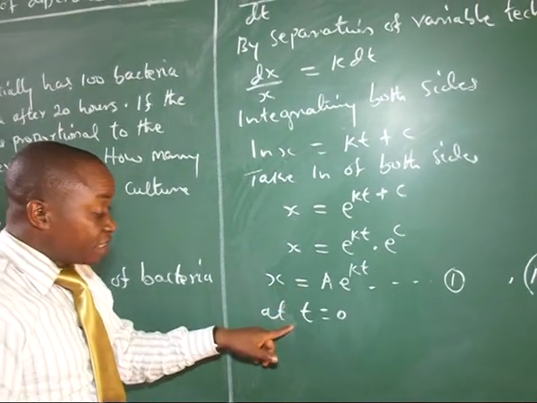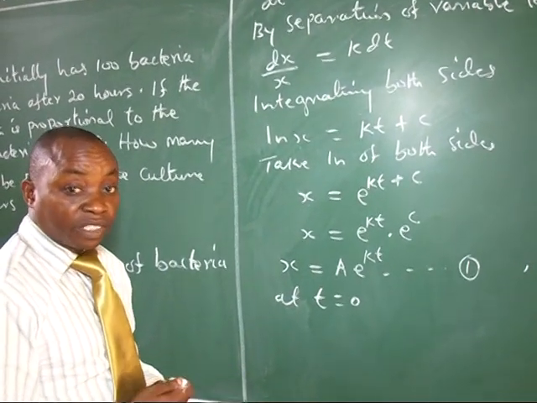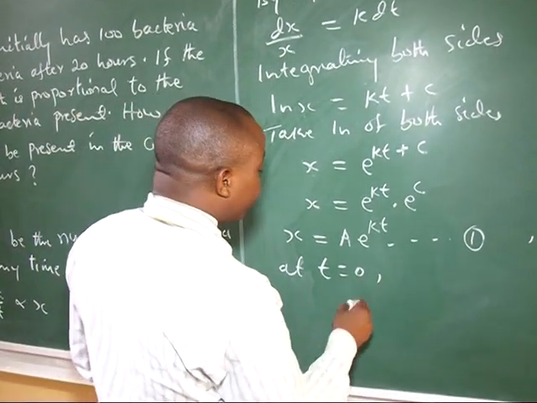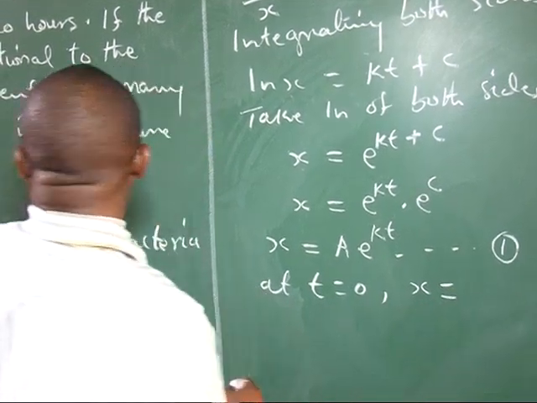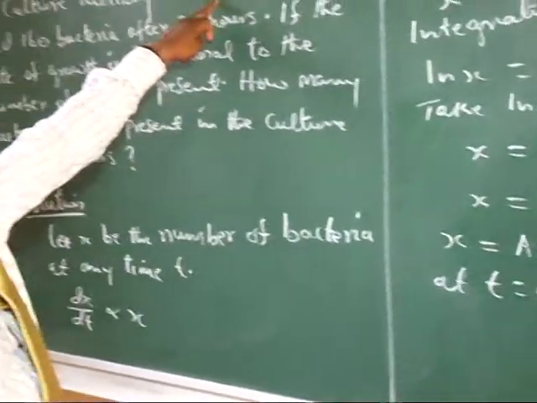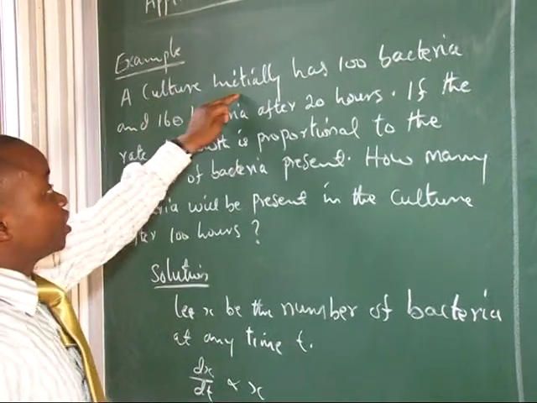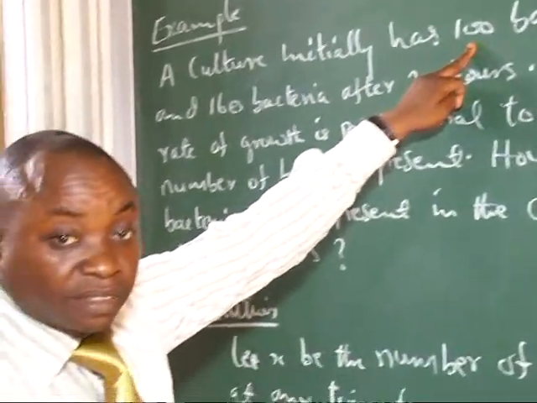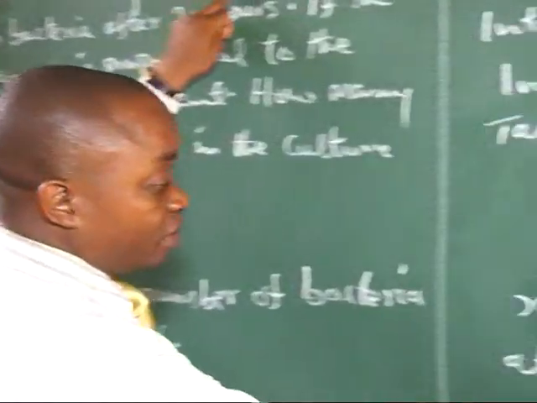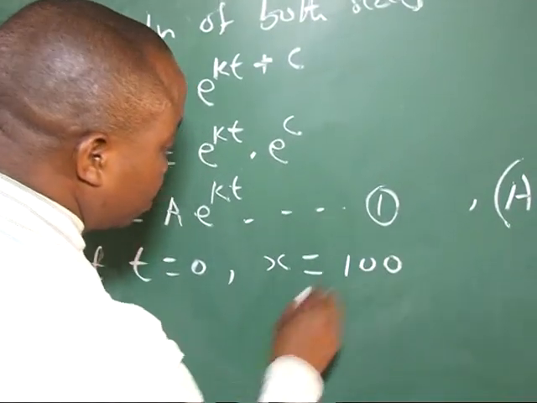So at t equals 0, which is the start of observation, we have that x, according to the question, a culture initially has 100 bacteria. That is at the start, t equals 0, the number was 100.